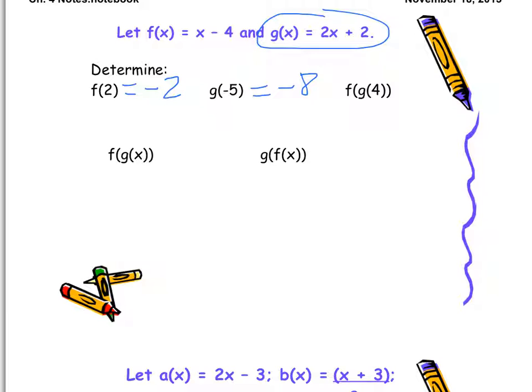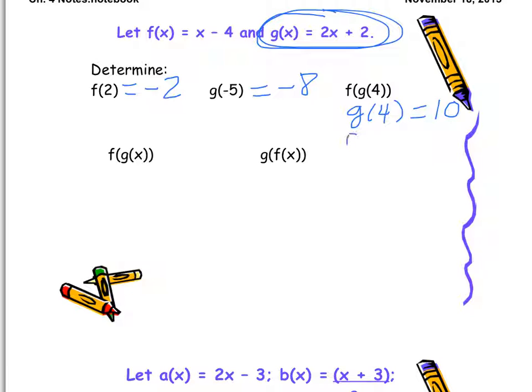F of g of 4. What this is saying is I'm going to first find g of 4, and I'm going to use whatever that is as the input for f. Well, g of 4, plugging 4 into this function right here, that's 10, because 2 times 4 is 8, plus 2 is 10.